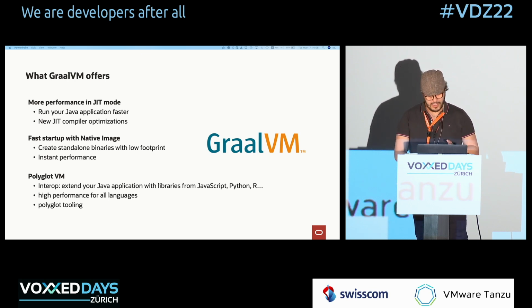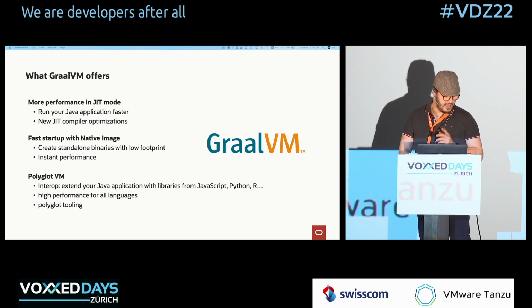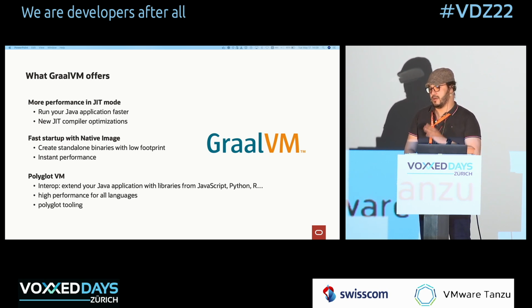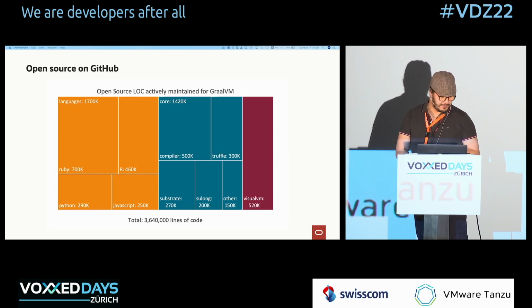The other part is fast startup with native image. Basically, you can create applications that do not require a Java environment. And three is the polyglot VM, which actually allows you to mix multiple languages. And we'll go through different areas of this.